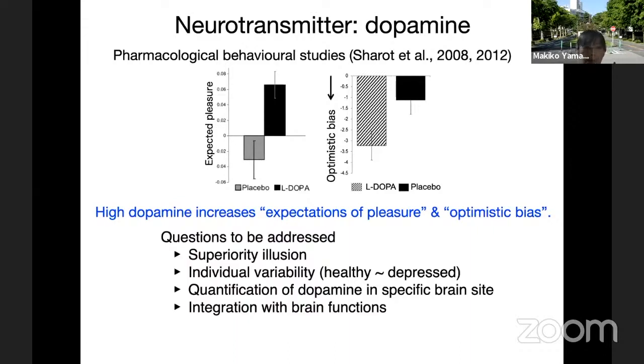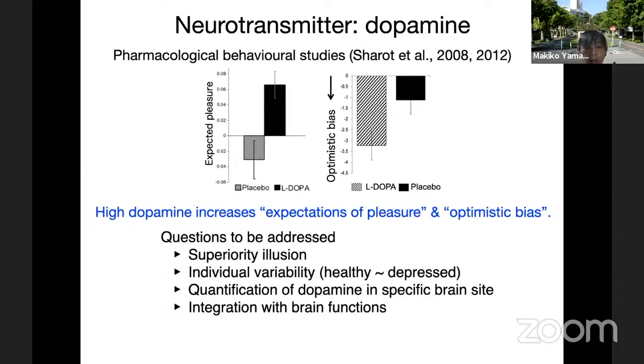Here now we have questions to be addressed. What about superiority illusion? What about individual variability? And then we want to quantify the dopamine in specific brain sites because using pharmacological intervention cannot specify how much the dopamine worked in the brain and in which brain sites.